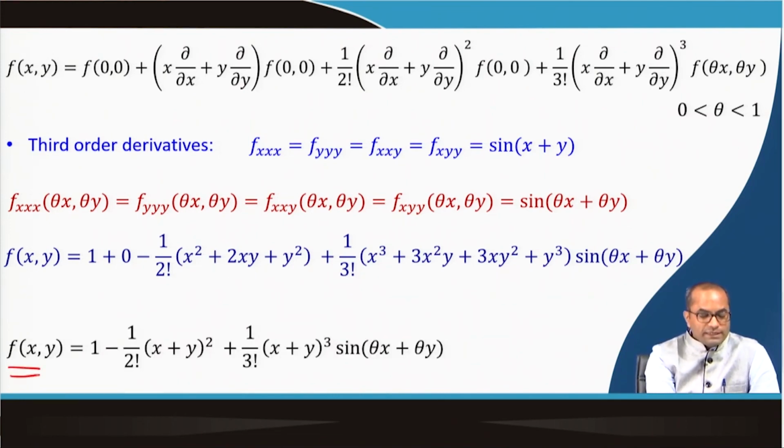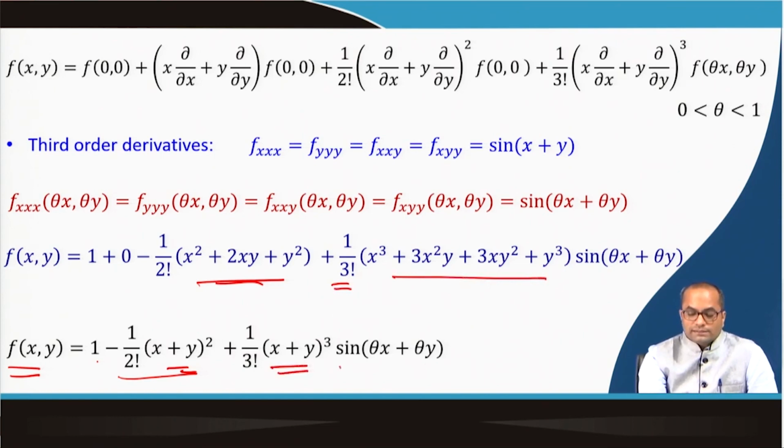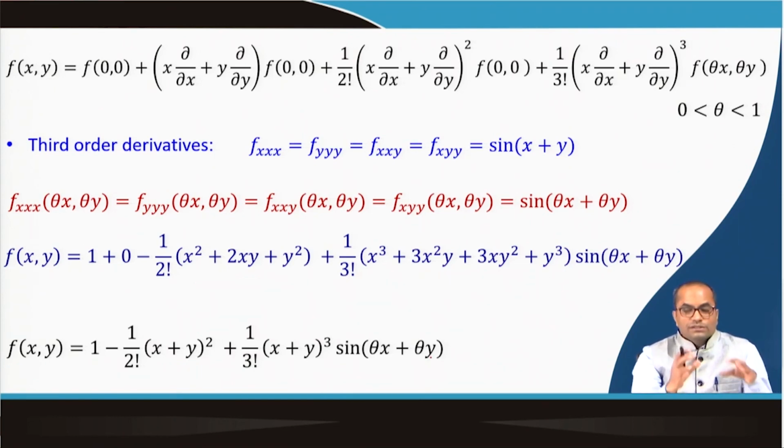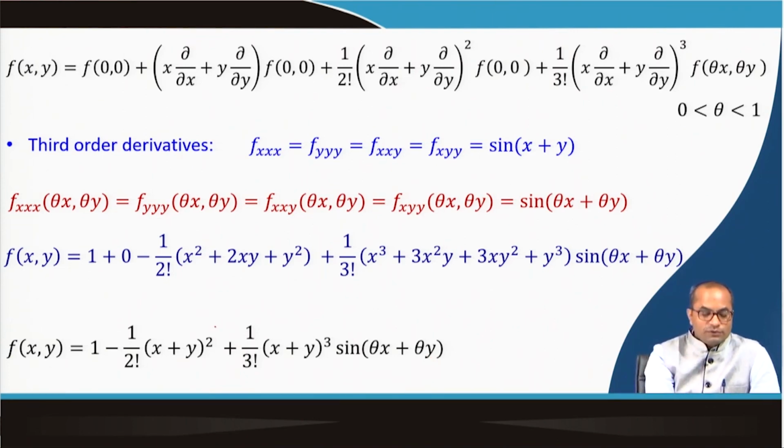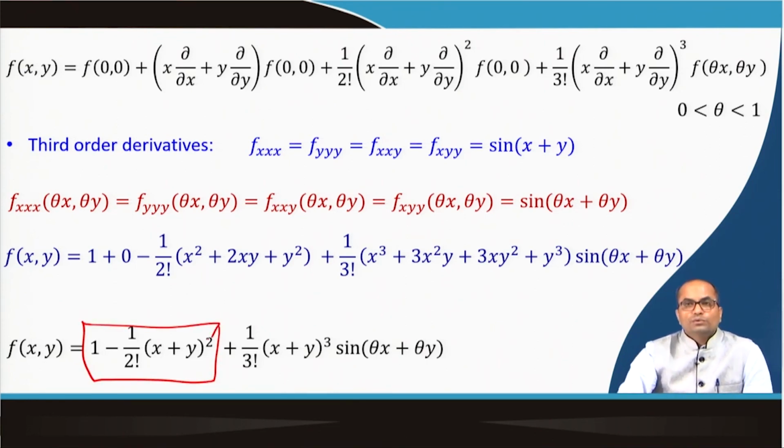So, this f x y can be written as 1 minus half x plus y whole square, 1 by 3 factorial x plus y whole cube and sin theta x plus theta y. So, this is the Taylor's theorem. Yeah, we are not talking about here the Taylor's polynomial. If we say Taylor polynomial of order 2, or order 3 if you want to get, we have to then evaluate that also at 0 0, but in this case it will be 0.